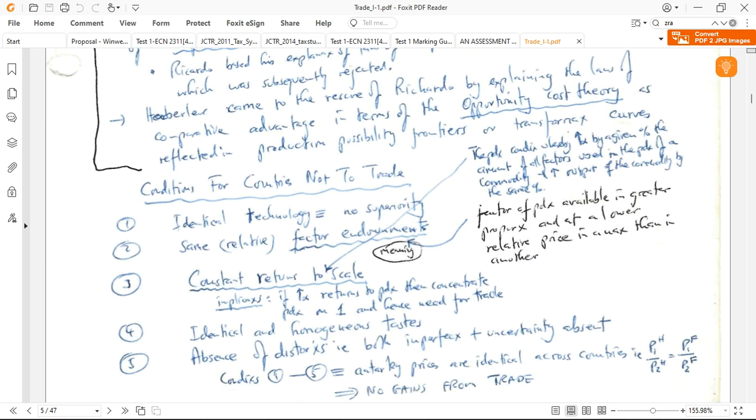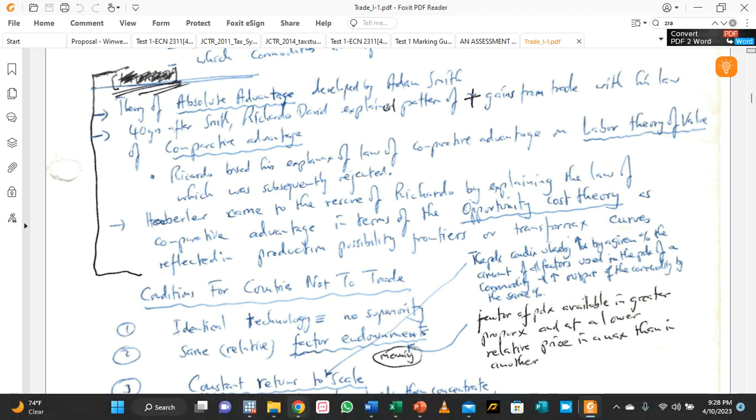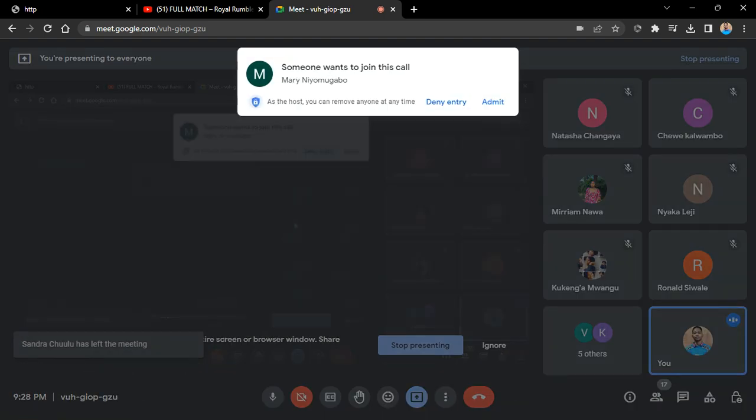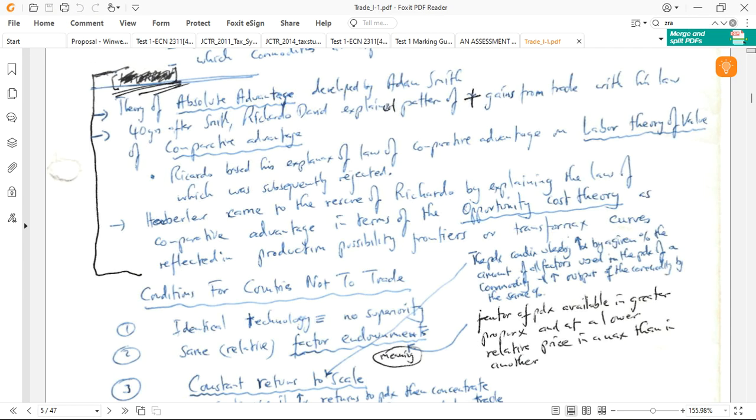I'm sure by now you guys have looked at absolute advantage, competitive advantage, Adam Smith, David Ricardo, those things, right? The labor theory of value. I think you've looked at all those things, and believe it or not, he likes asking questions, especially under trade theory.